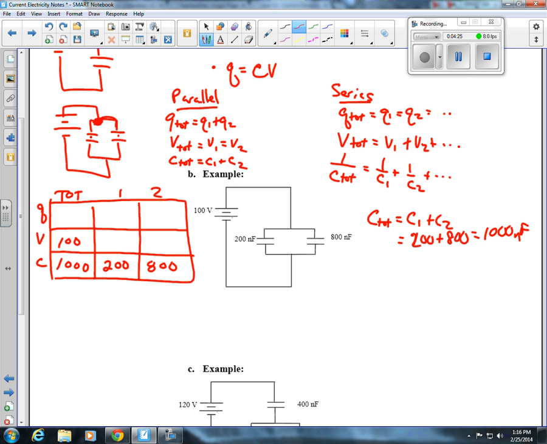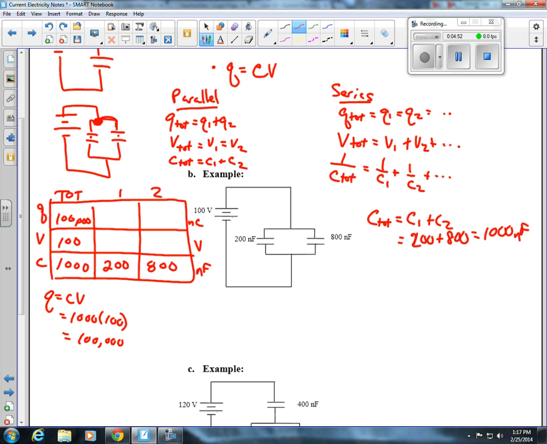For the total, I use Q equals CV. So it would be 1,000 times 100. It gives me 100,000. Now, since this is in nanofarads and this is in volts, when I multiply them, we get nanocoulombs. I'm doing that so I don't have to worry about the times 10 to the minus 9.